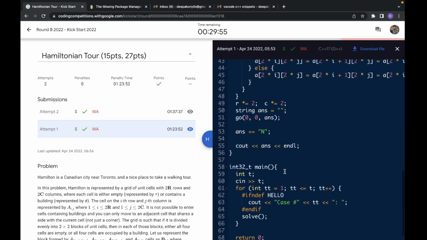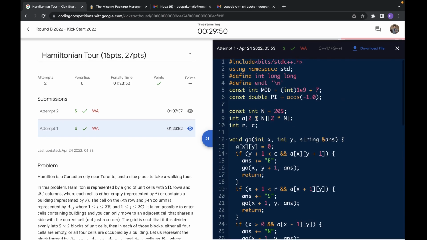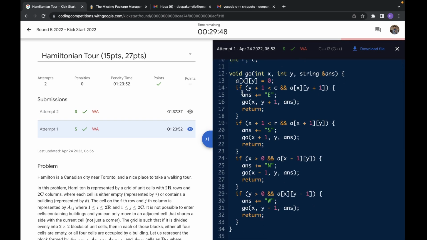You do this recursively. You'll start from 0, 0 and have these four calls. Only one of these will be made at each step, and every time I visit a cell, that cell becomes marked as an obstacle, so you'll never be able to visit that cell again.